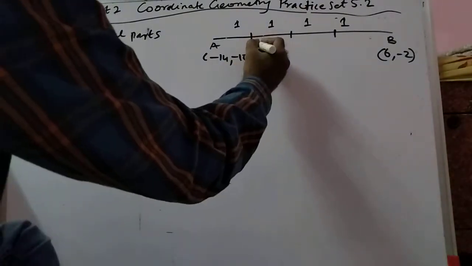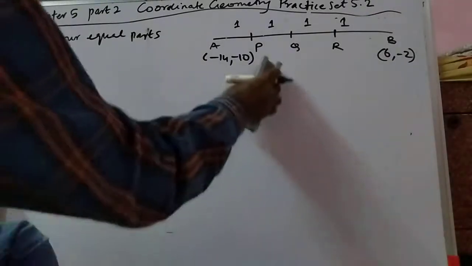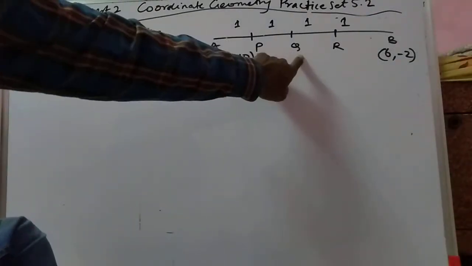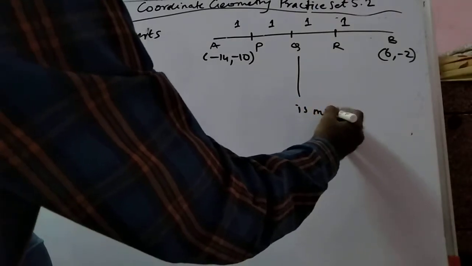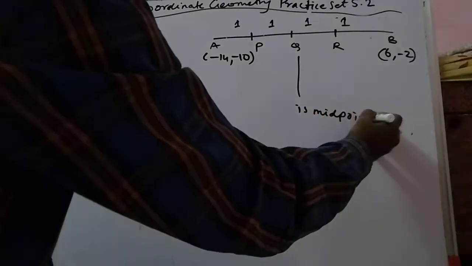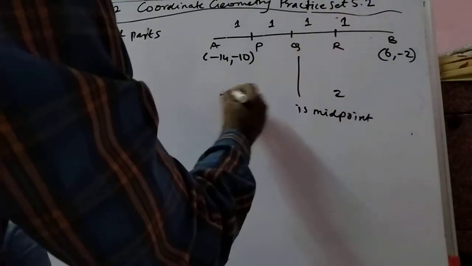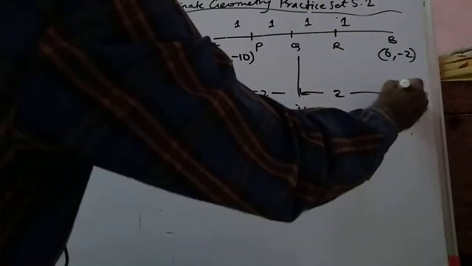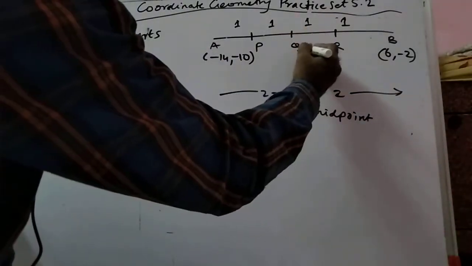We can give some names here: P, Q, R. Q is the midpoint, because it is 2, 1 plus 1, and it is also 2. So it is the midpoint formula. First we'll calculate Q.